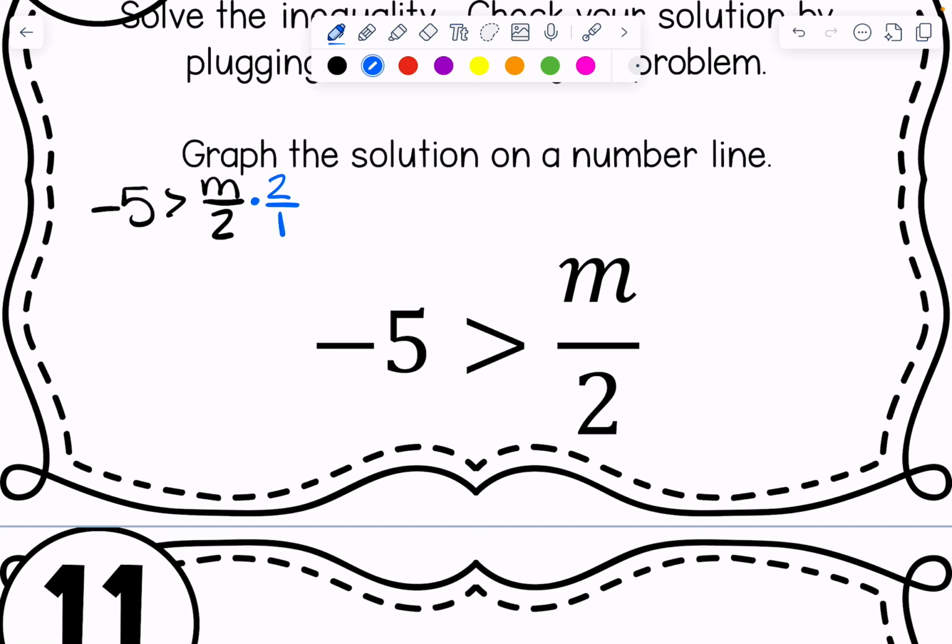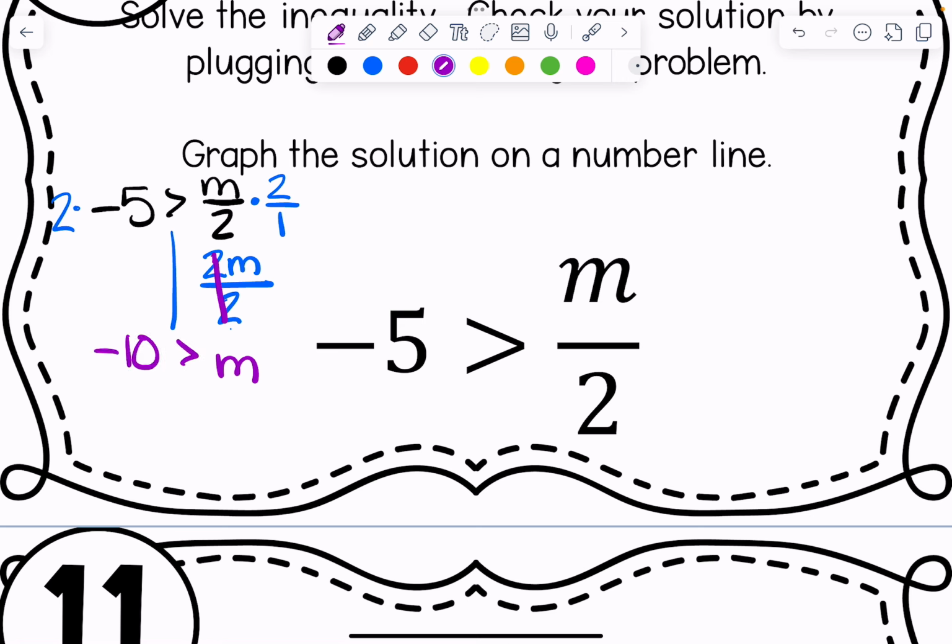And when I do that, m times 2 is 2m, 2 times 1 is 2, and then 2m divided by 2, 2 divided by 2, 1's out, so I'm left with my m. All right, whatever I do to one side, I want to do to the other. So I'm going to multiply this side by 2. 2 times negative 5 is going to be negative 10. I'm going to bring down my inequality, so I have negative 10 is greater than m.